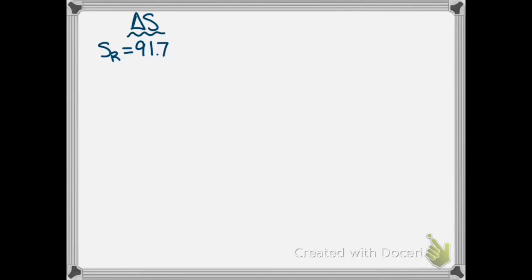We also need our S of our product side, our carbon dioxide and our calcium oxide. Those two values are 38.1 plus 213.8 joules per mole Kelvin. If we solve for S of our product side, we get 251.9 joules per mole Kelvin.